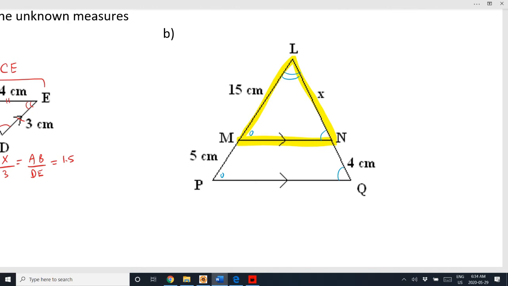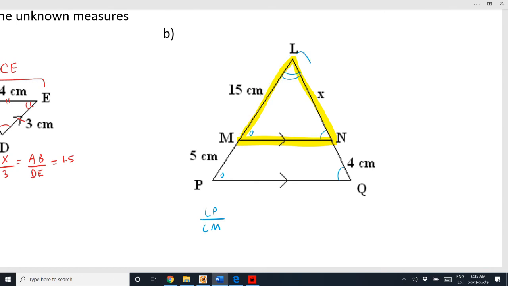So we know the big triangle over here, one of the side lengths is going to be L to P. And if we want to compare it to the smaller triangle within it, it's going to be L to M. We can compare this to the other side.